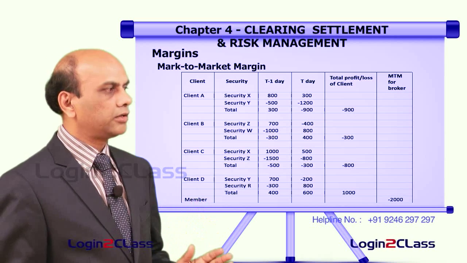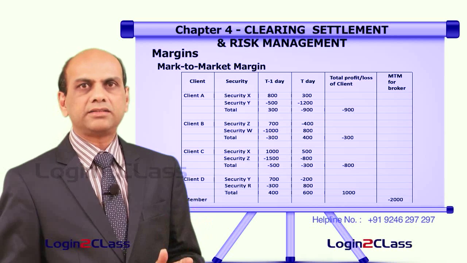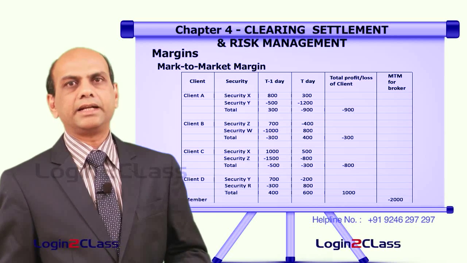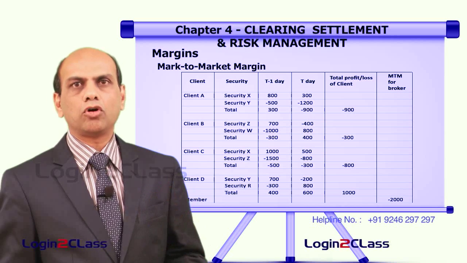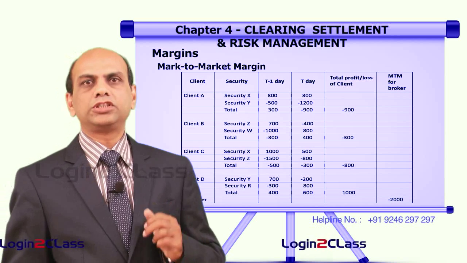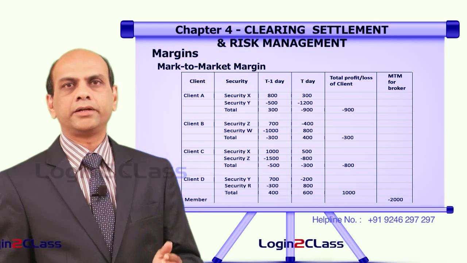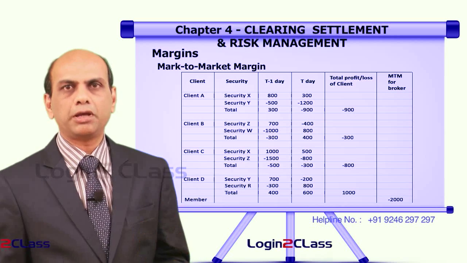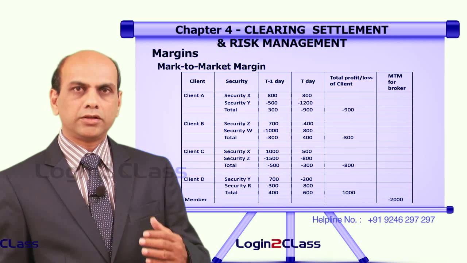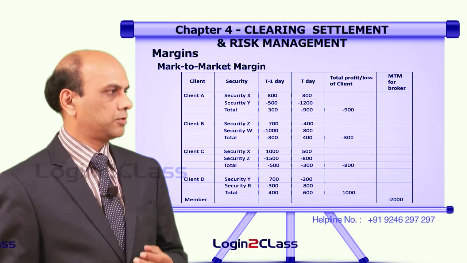So minus 500 which he has paid the following day and minus 300 on the next second day because the positions have gone into further loss. So if I take 2 days positions, net MTM he has paid is 800 rupees, which he has to pay to the trading member, and the trading member in turn has to pay to the exchange.